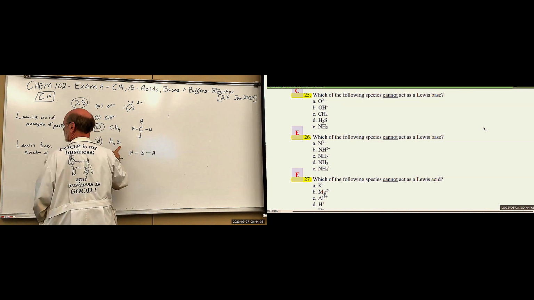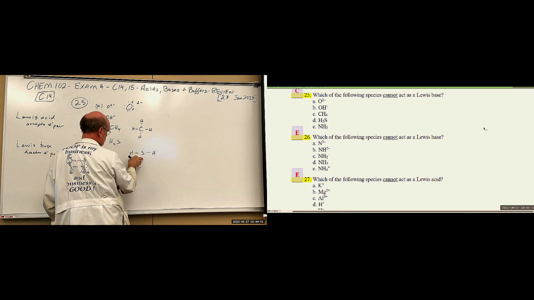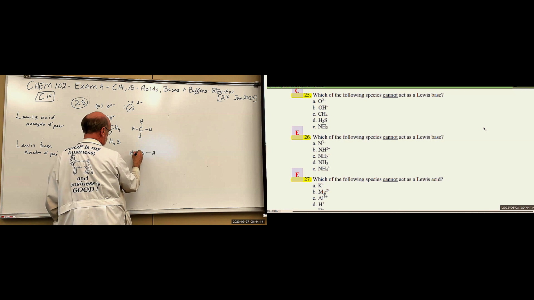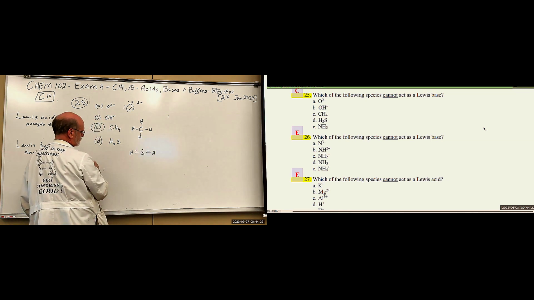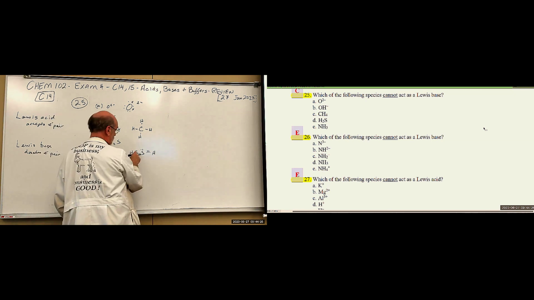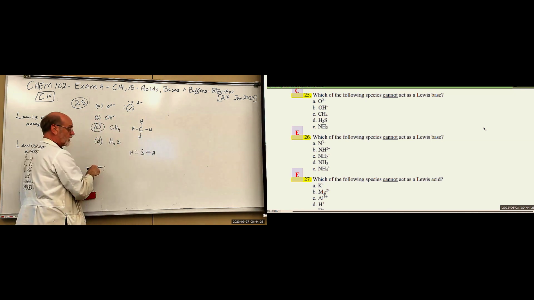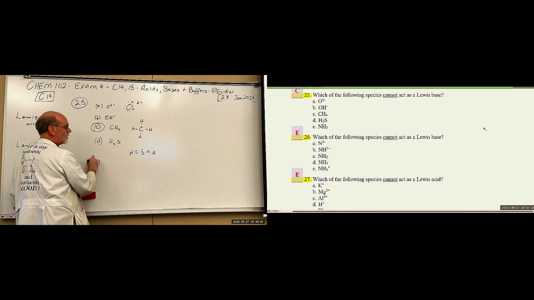Sulfur has 6, and we took away 2, so there's 6 more. Yeah, so this one has a lone pair of electrons it can donate.